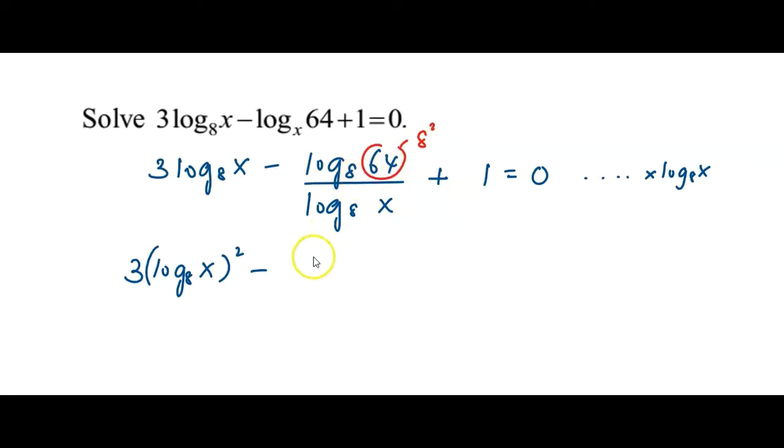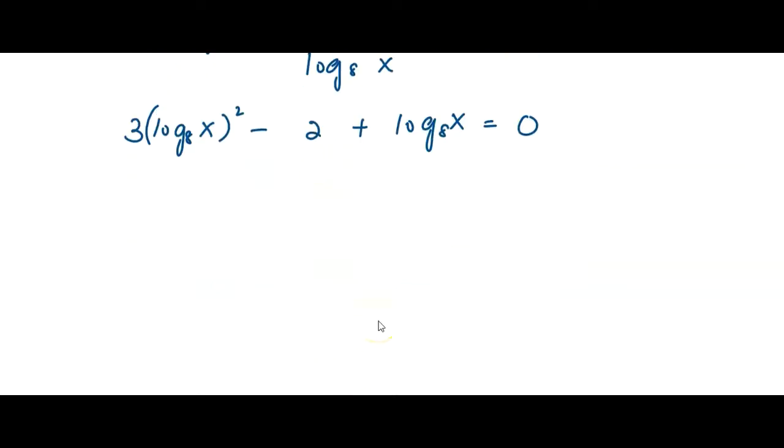Then you have a 2 actually. Then the denominator cancels off with the log x to the base of 8. And you will have a negative 2 for the second term. And the third term, when 1 is multiplied by log x to the base of 8, you will have log x to the base of 8. And this equals 0.